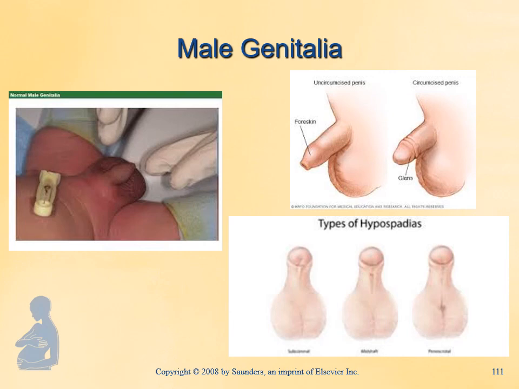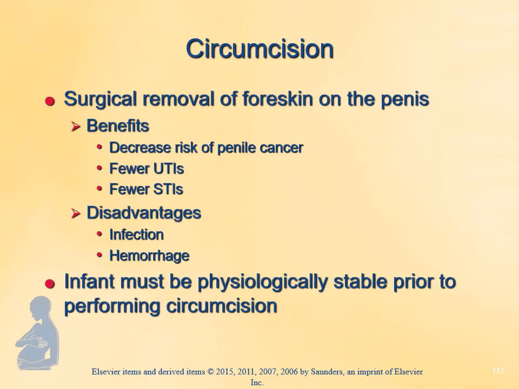And then I also gave you a picture here of what we call hypospadias, where the urethra is positioned under the penis versus being at the tip of the penis. That is a problem that needs to be reported, and we definitely wouldn't want to do any circumcision on a baby that presents with hypospadias. So it's just a finding that we need to report.